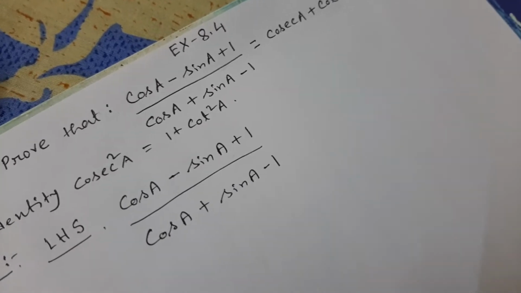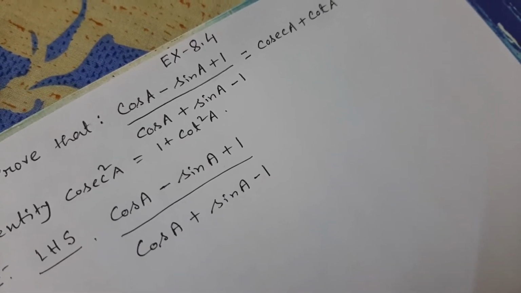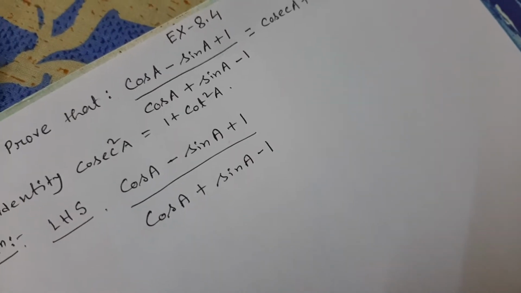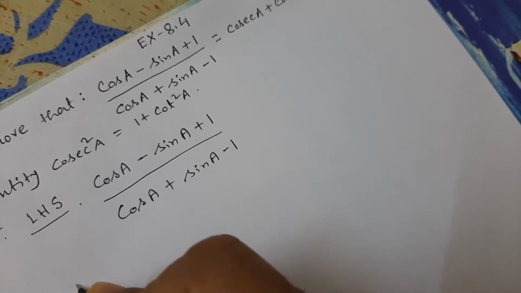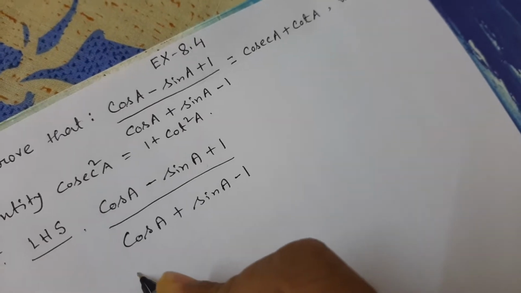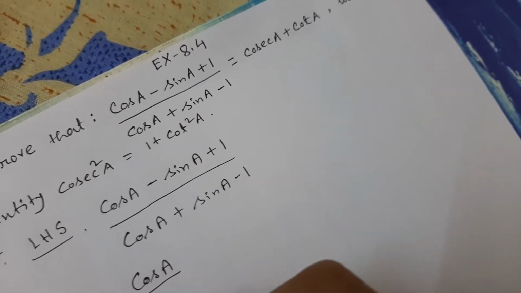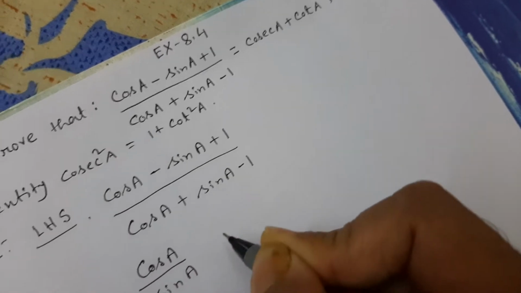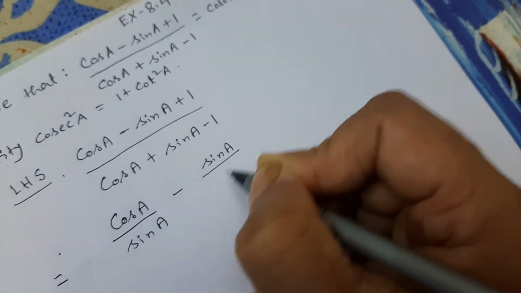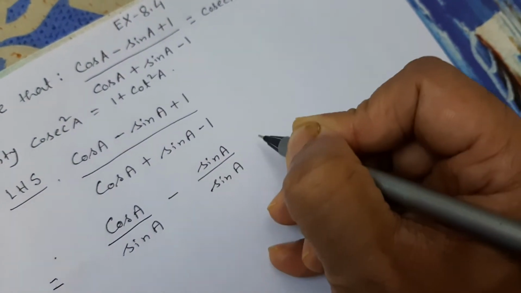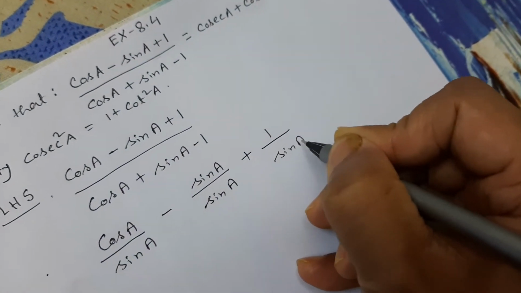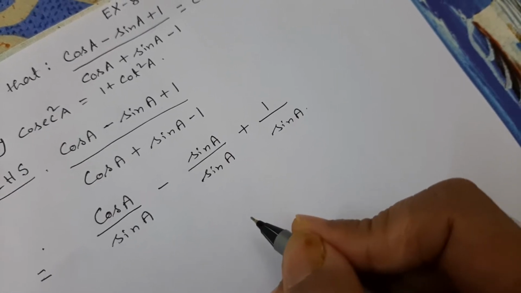So here dividing numerator and denominator by sin A. So dividing by sin A, that means cos A by sin A minus sin A by sin A plus 1 by sin A. This is numerator part.